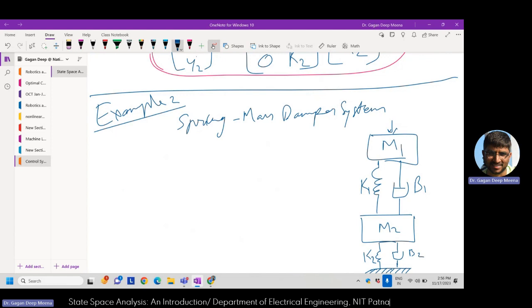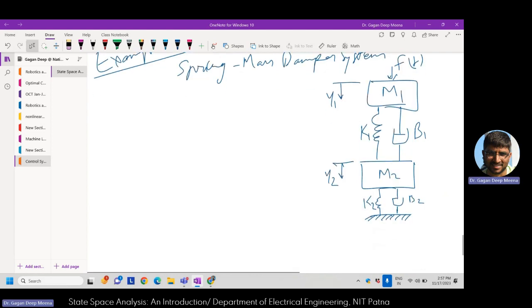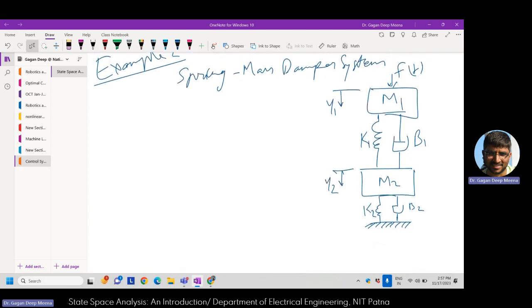And the force applied on this particular system is F. Because of the application of that force, there will be a displacement Y1, and another displacement Y2. So this is how this particular mechanical system looks.